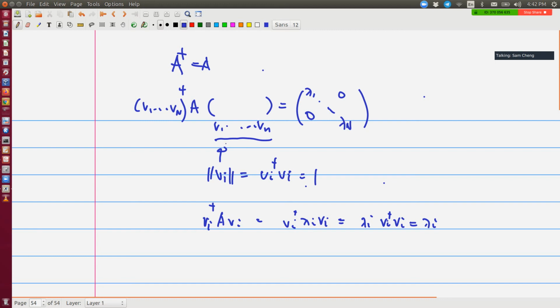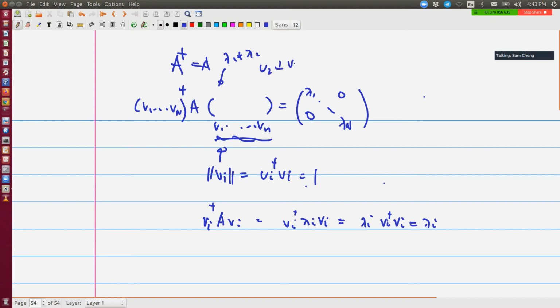So if you have the normalized eigenvectors as the matrix, and these are all orthogonal, then first of all, if the eigenvalues, for example lambda 1 is not equal to lambda 2, then we know that v1 will be orthogonal to v2.